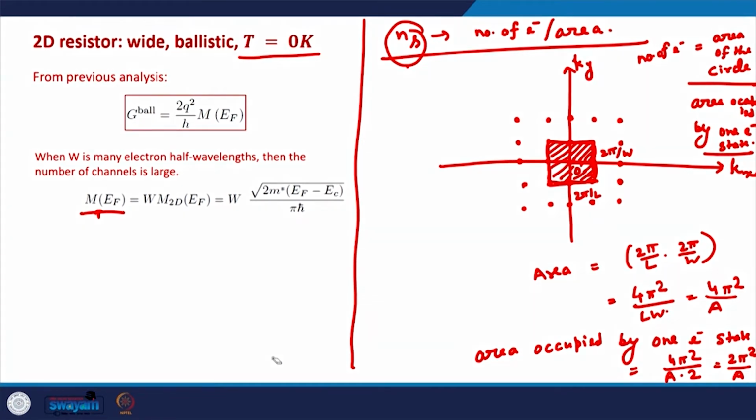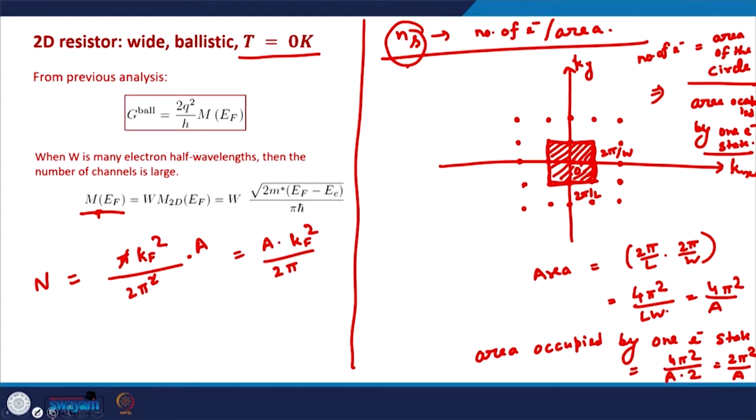Now, we can see the total number of electrons in the system from this expression. So, the total number of electrons will be the area of the circle, which is pi kf square, divided by the area of the single electron, which is 2 pi square by A. So, it is A times kf square divided by 2 pi, and the sheet carrier density will be the total number of electrons divided by area.